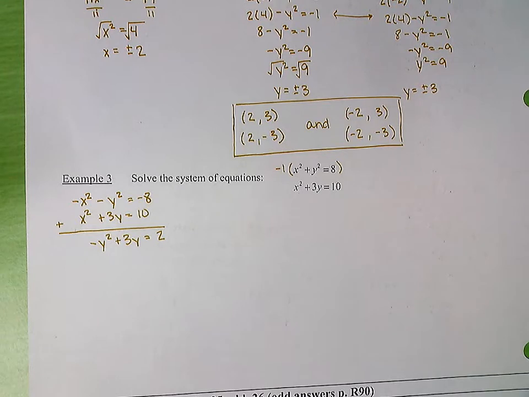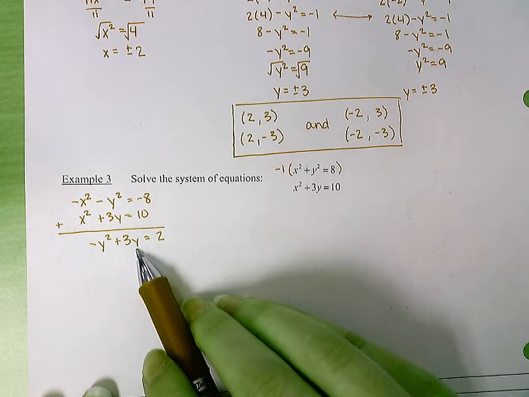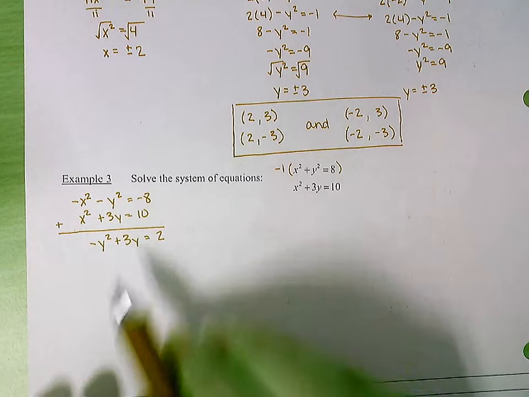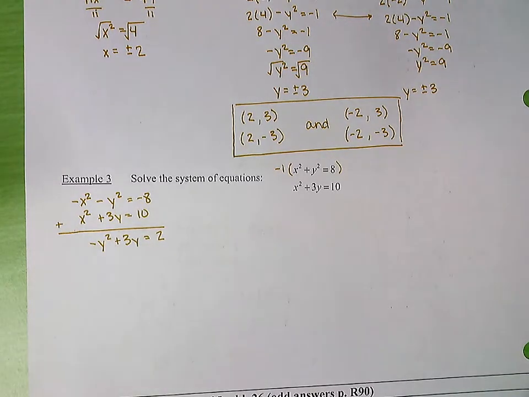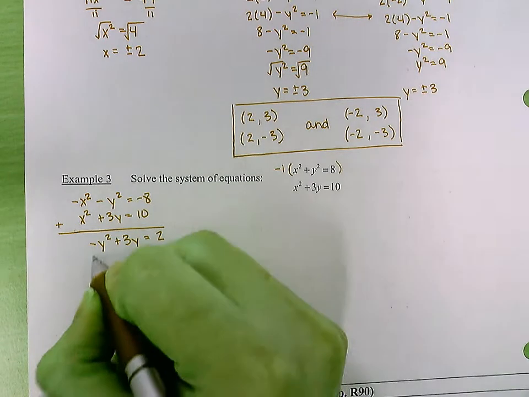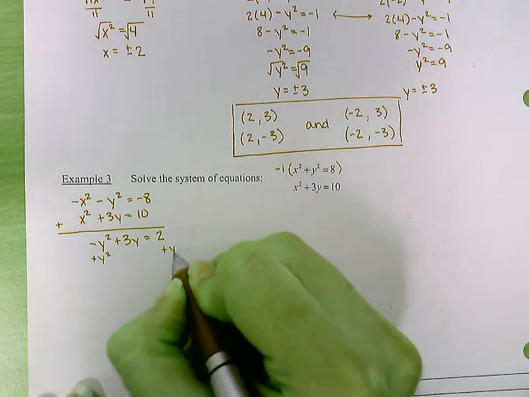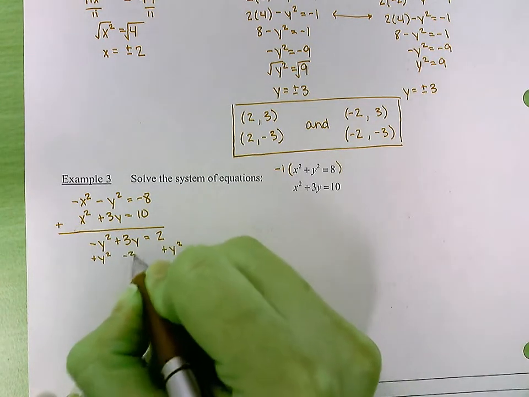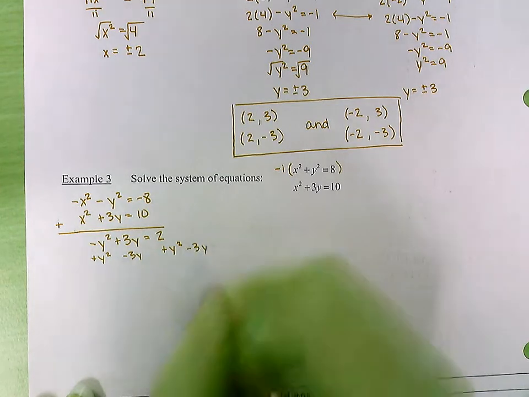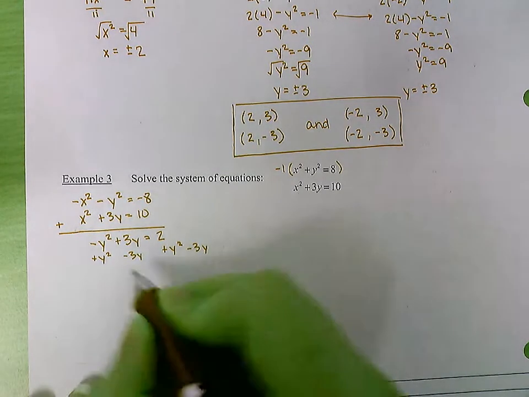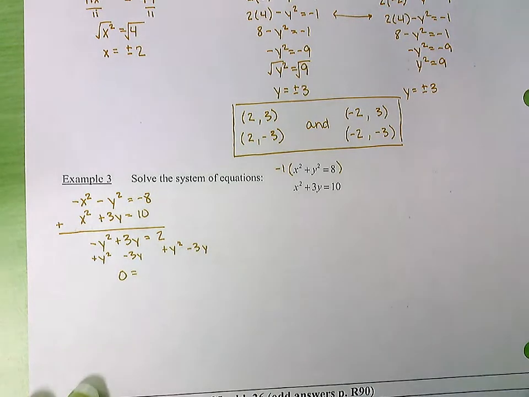When I see something like this where I have a y squared and a y, that means I'm going to have to factor it. So I need everything on one side of my equation, equal to 0. I'm going to add y squared to both sides and subtract 3y. That way I end up with 0 on one side.